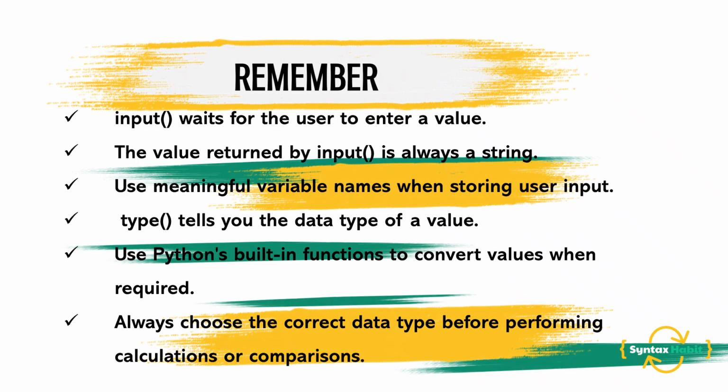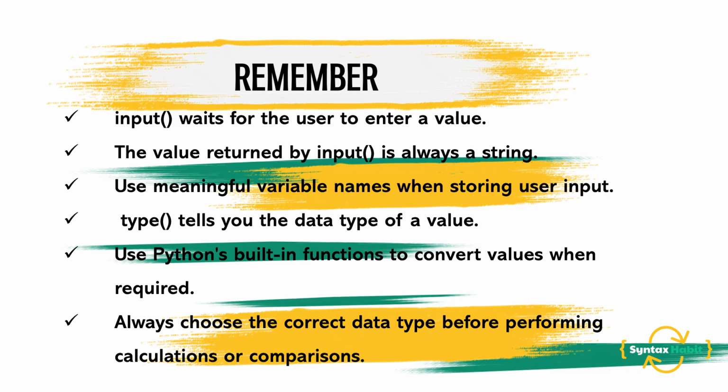Before we finish, let's summarize the key points. The input function pauses your program until the user enters a value and presses enter. Whatever the user enters is stored as a string by default. If you are going to perform calculations or compare numbers, you will usually need to convert that value into the appropriate data type first.